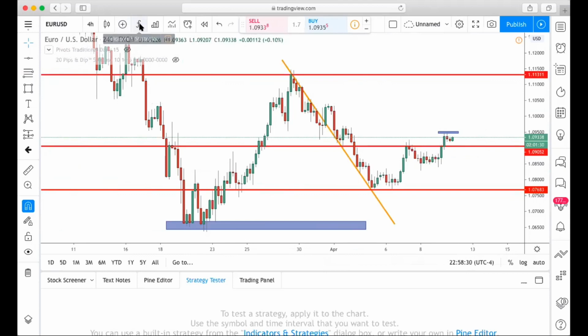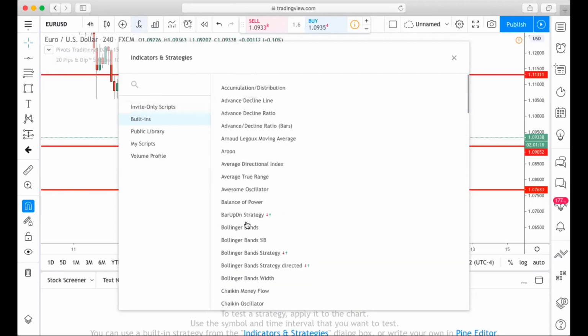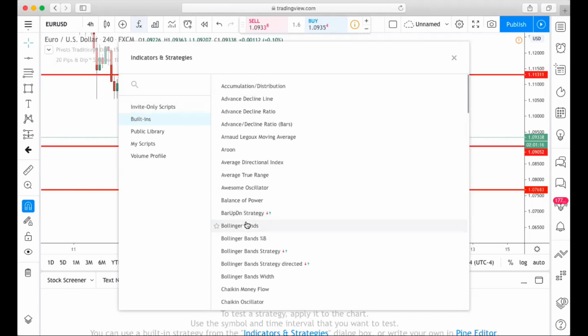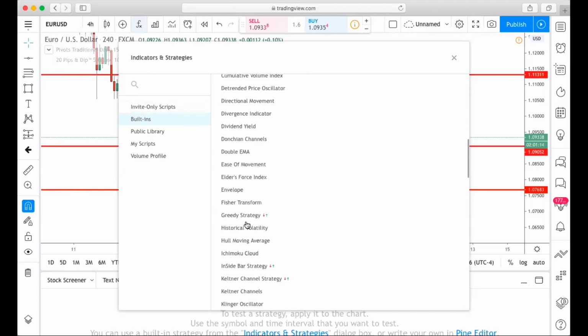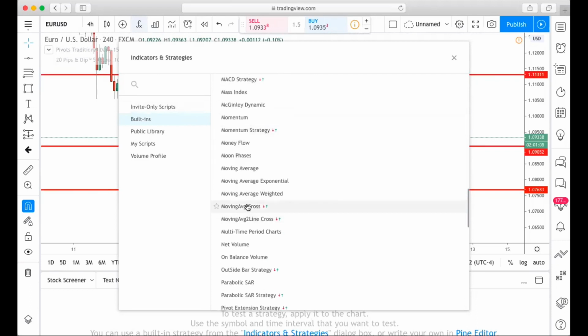Okay, well, here go some indicators. Let's just say you wanted to put some MAs in there, something like that. I don't use too many indicators, but let's just say you wanted to put some MACD or, where is it, a moving average or something like that.